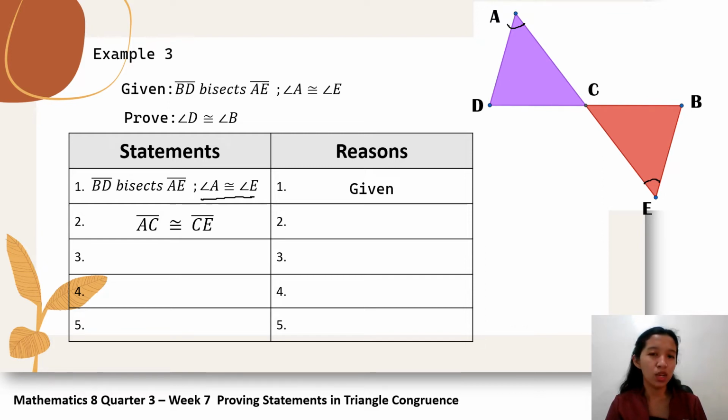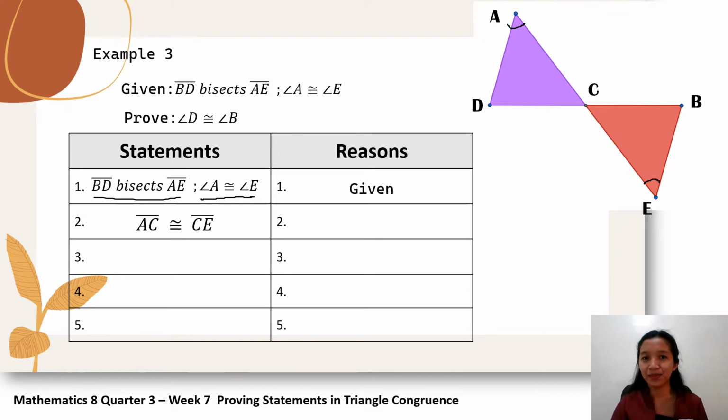And what must be our reason for that based on our first statement? Our first statement and our second statement have a connection, because we arrive at line AC is congruent to line CE based from this. So what is our reason for that? What will support our statement that line AC is congruent to line CE?